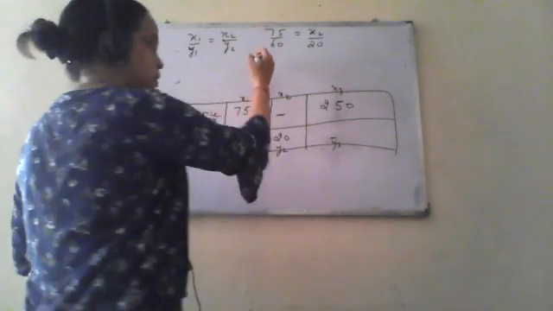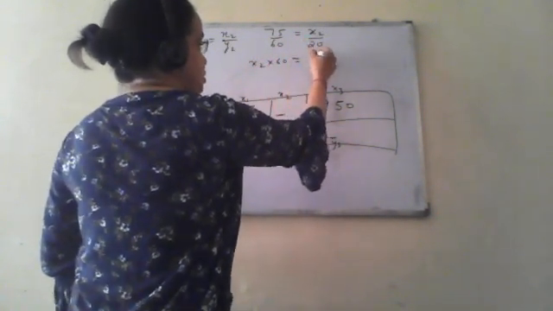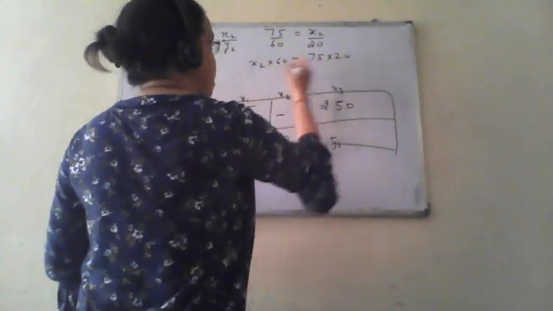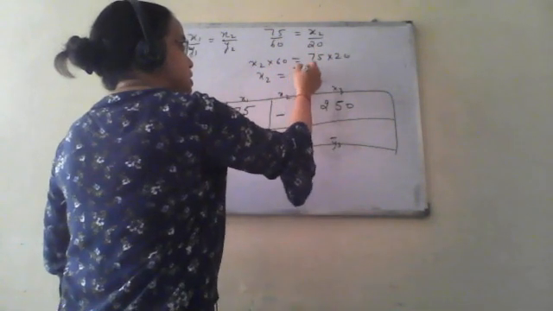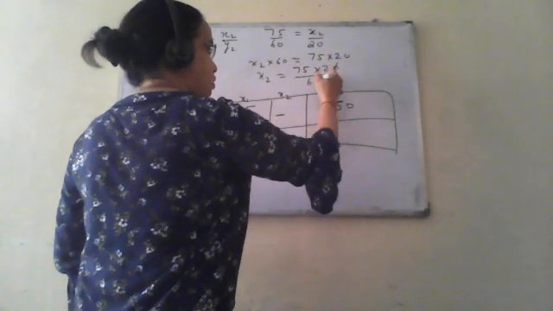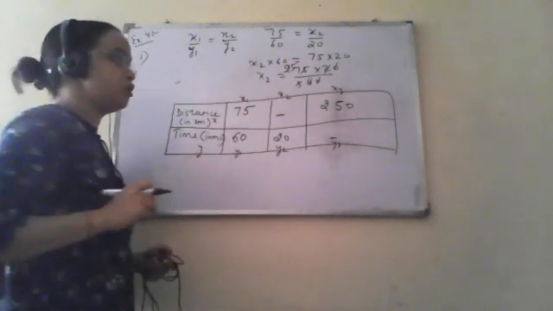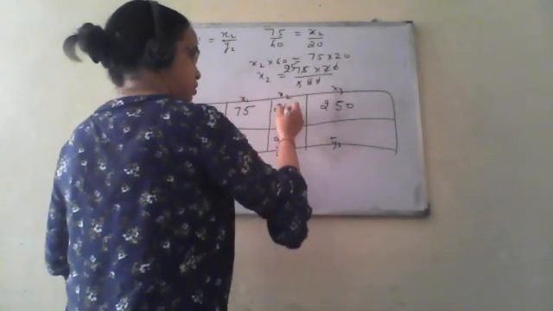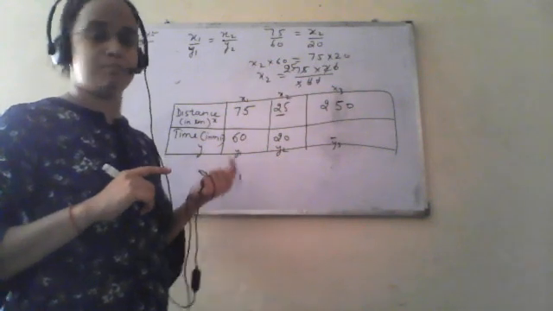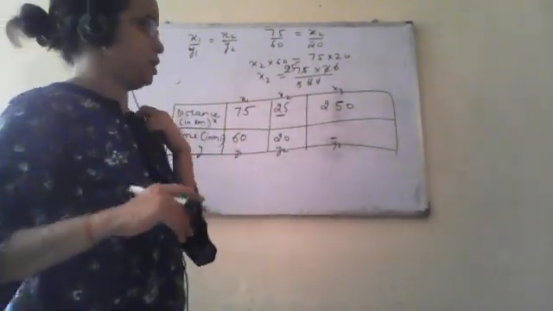Now by cross multiplication we have x2 into 60, which is equal to 75 into 20. x2 will become 75 into 20 upon 60. Now 3 twenties are 60, so the value of x2 is 25, which we have calculated in the normal method. Like in 20 minutes, the train will cover 25 kilometers.